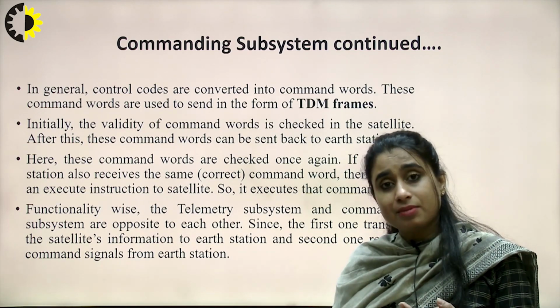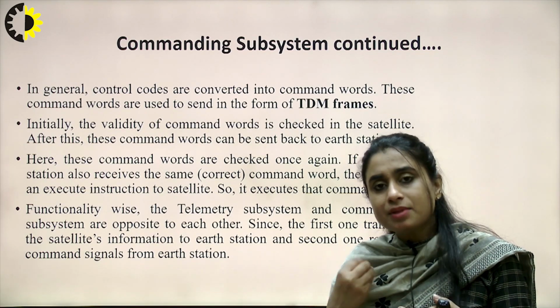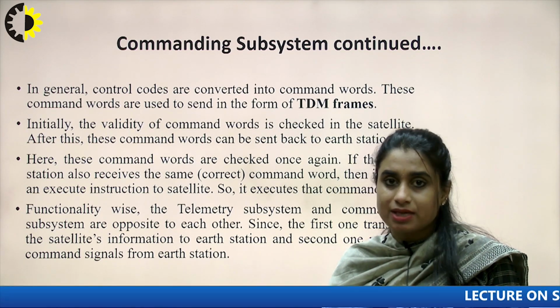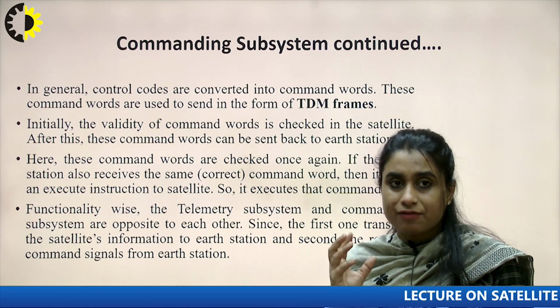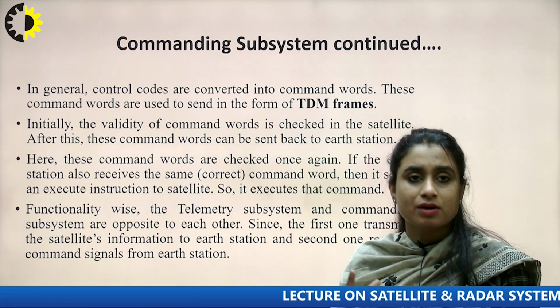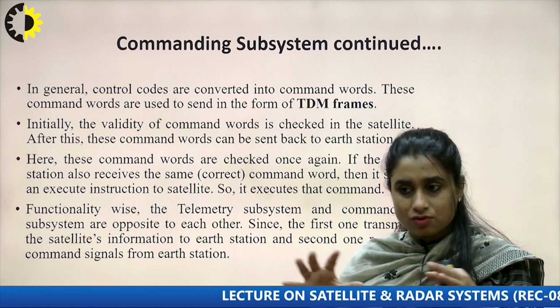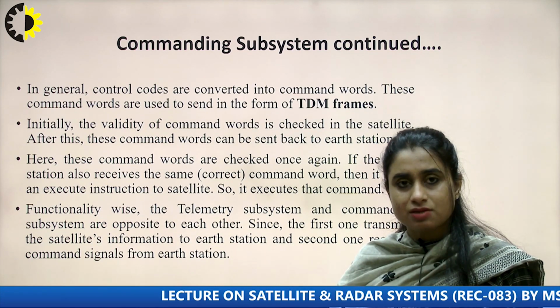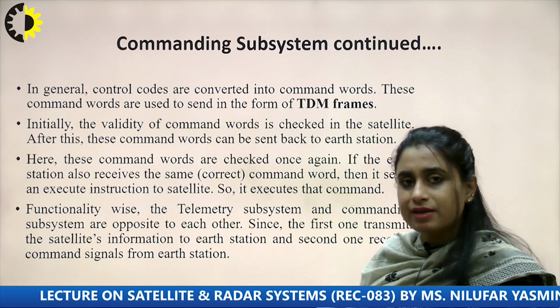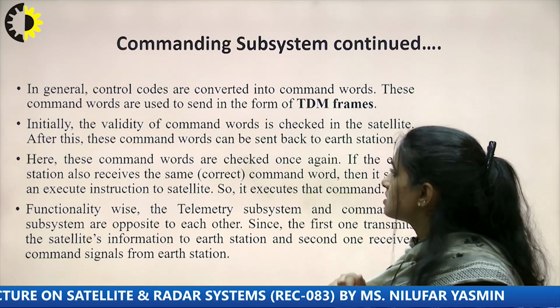Whenever we study any communication system, the two main resources, power and bandwidth, have to be taken care of. For efficient utilization of bandwidth and power, we use multiplexing techniques, and TDM has its advantage over FDM. So in satellite communication we use TDM.